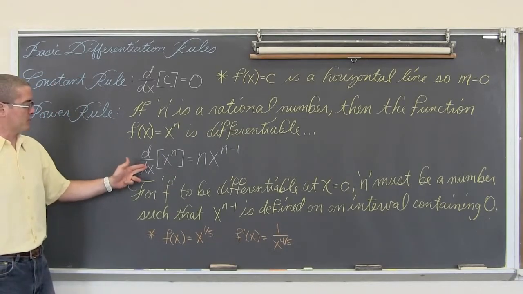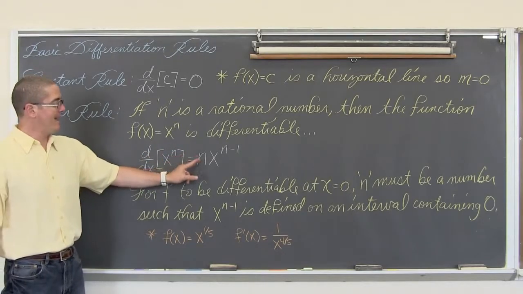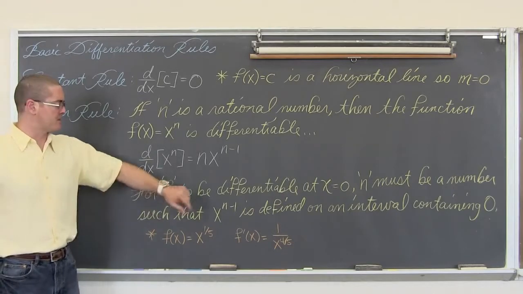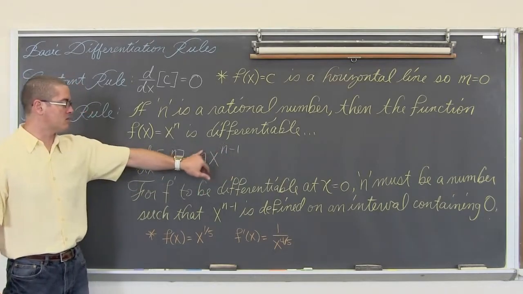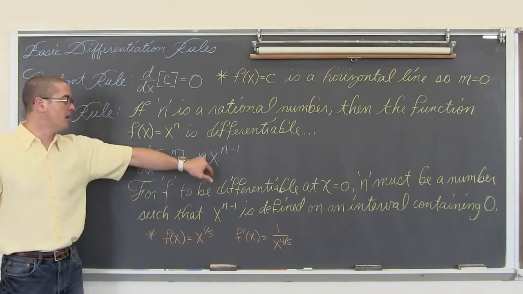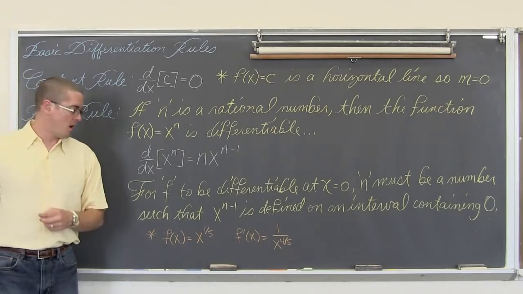And the derivative with respect to x of x to the n is equal to n times x to the n minus 1. So we take that power, drop it down out front so it becomes a multiplication, and reduce the exponent by 1.